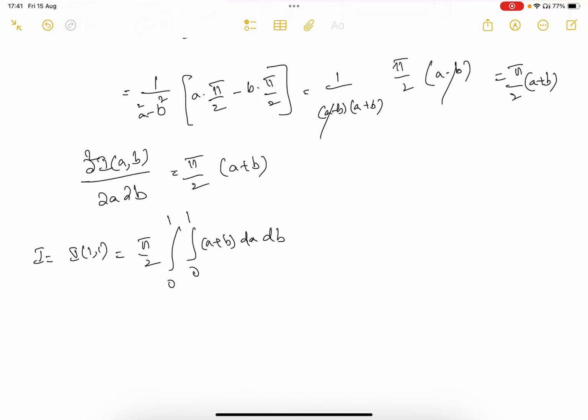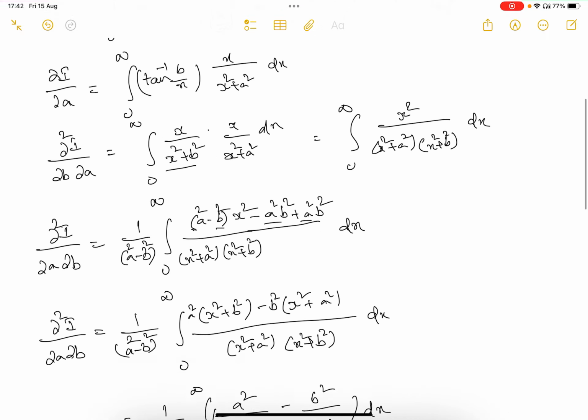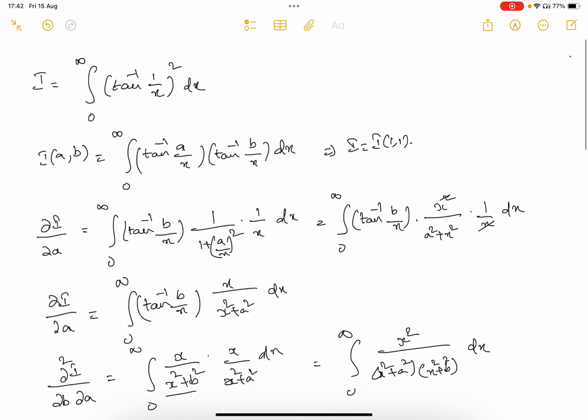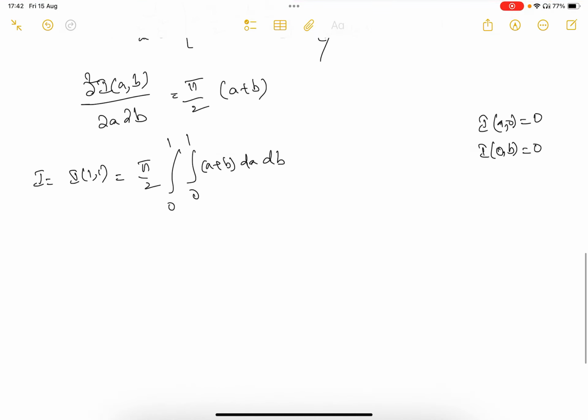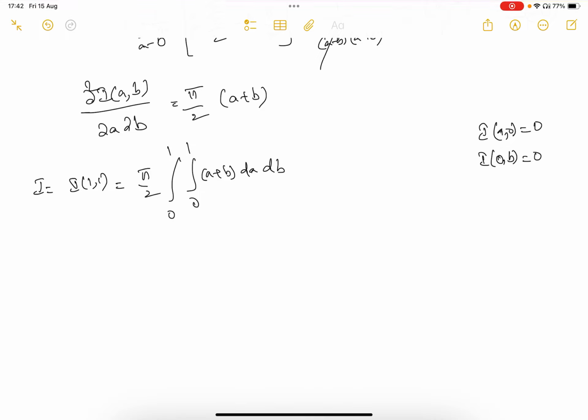Why is it so from 0 to 1? Because, as you can see, I of a comma 0 is 0, I of 0 comma b is also 0. If a is 0, tan inverse 0 is 0, then this will be 0. If b is 0, then tan inverse 0 is 0. So for either a or b it will be 0. So it will start from 0, and we need to find up to a equal to 1, right? So 0 to 1 will cover the entire part.